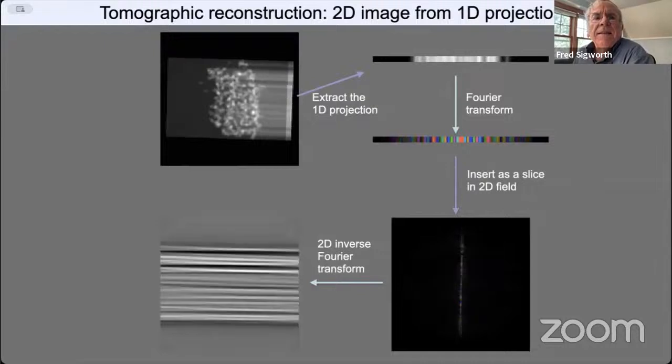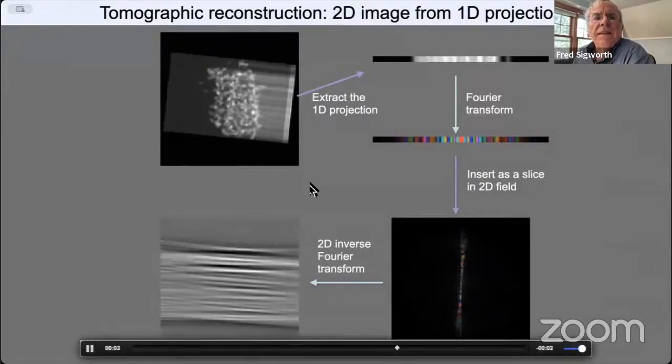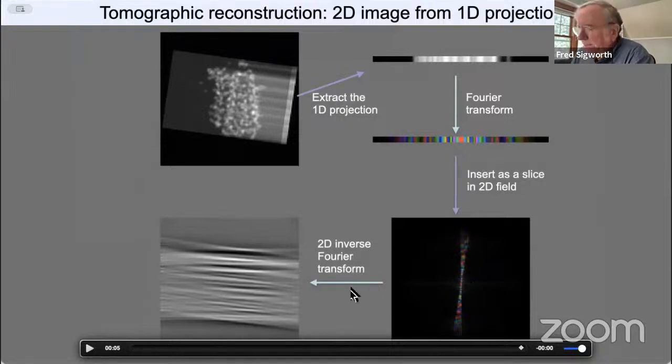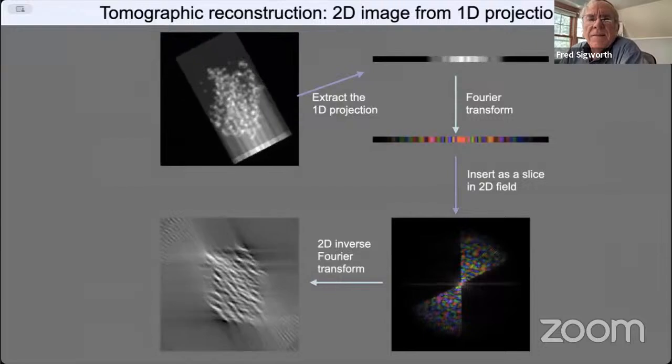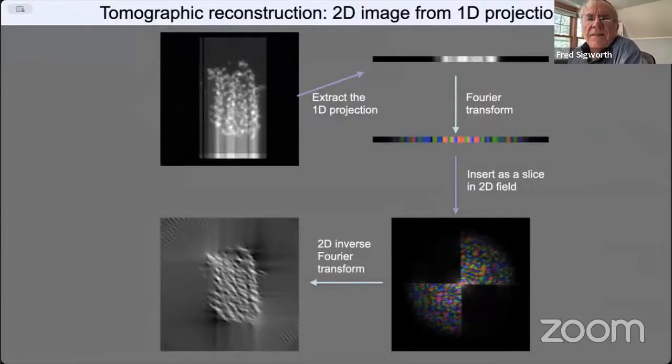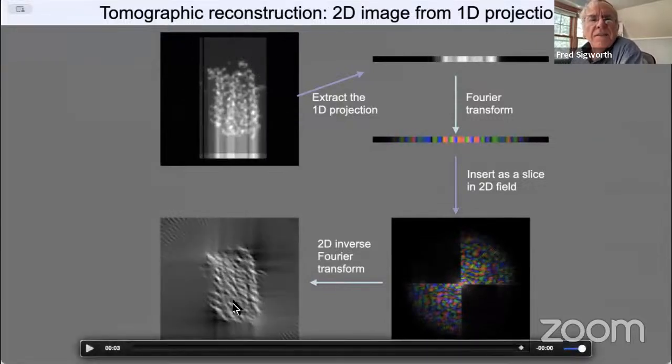So the idea is then we take projections at slightly different angles, and we start filling in more and more slices in the 2D field. Then we can fill in lots of slices, and you can see at this point we have kind of a so-so reconstruction.